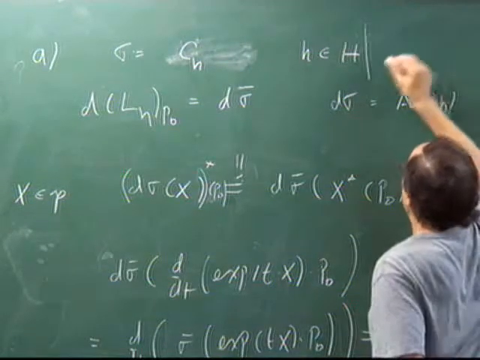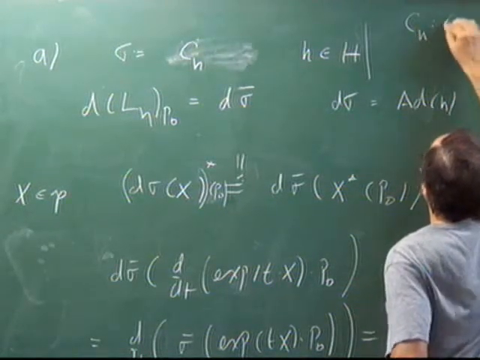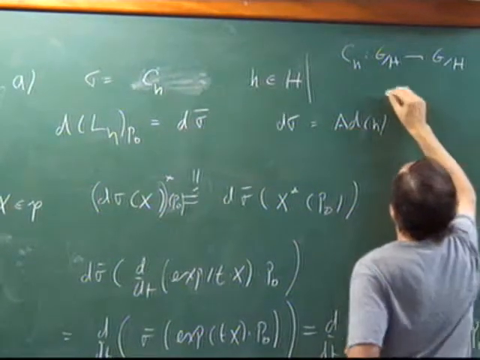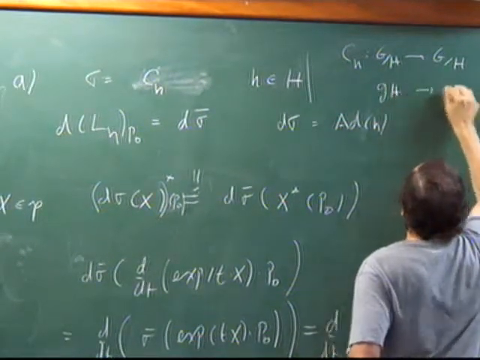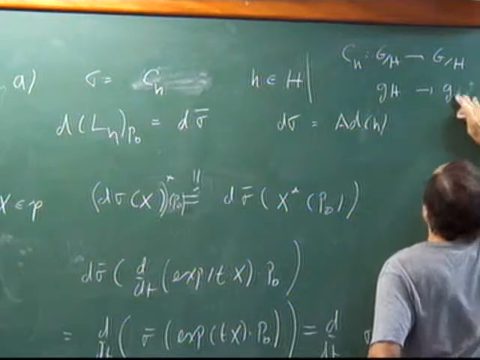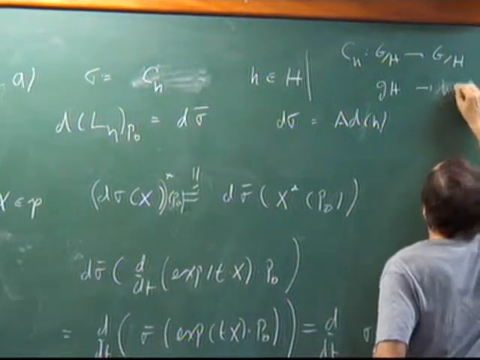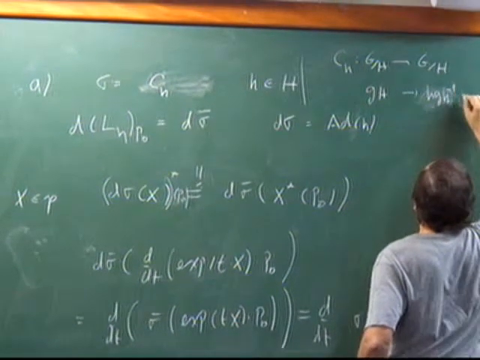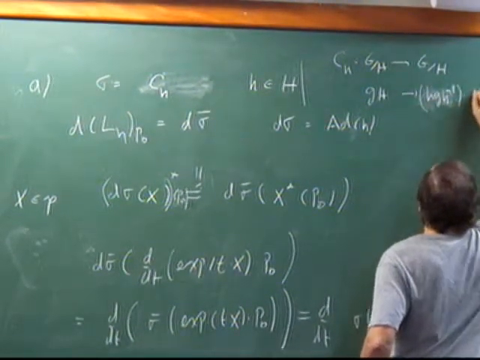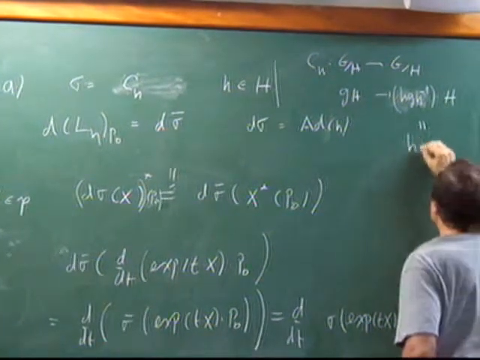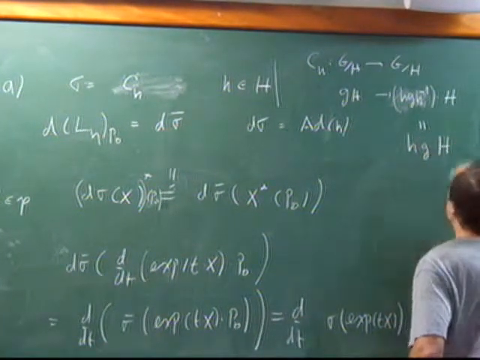How does conjugation by h act on G mod H? So it takes gH to hgh inverse H, that's conjugation, acting on the cosets at H. But h lies in the group H, so that's the same thing as hgH.